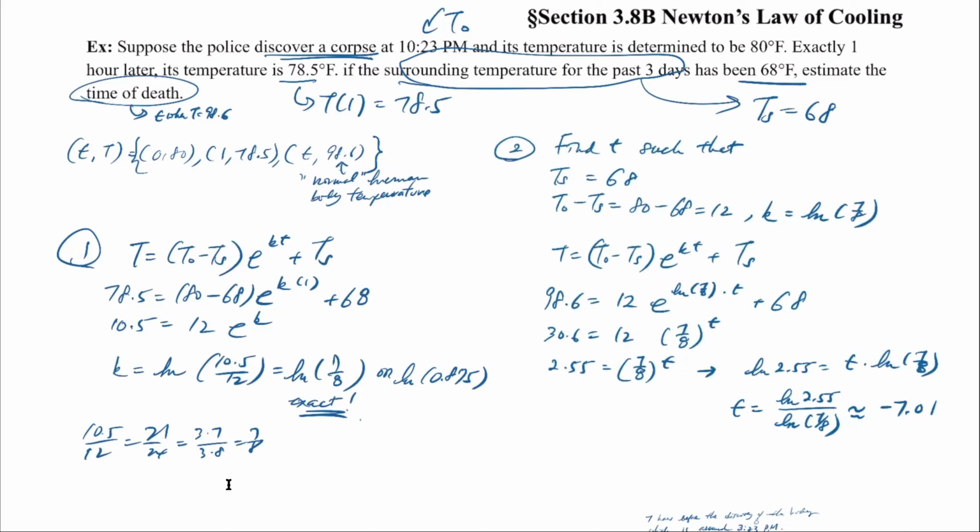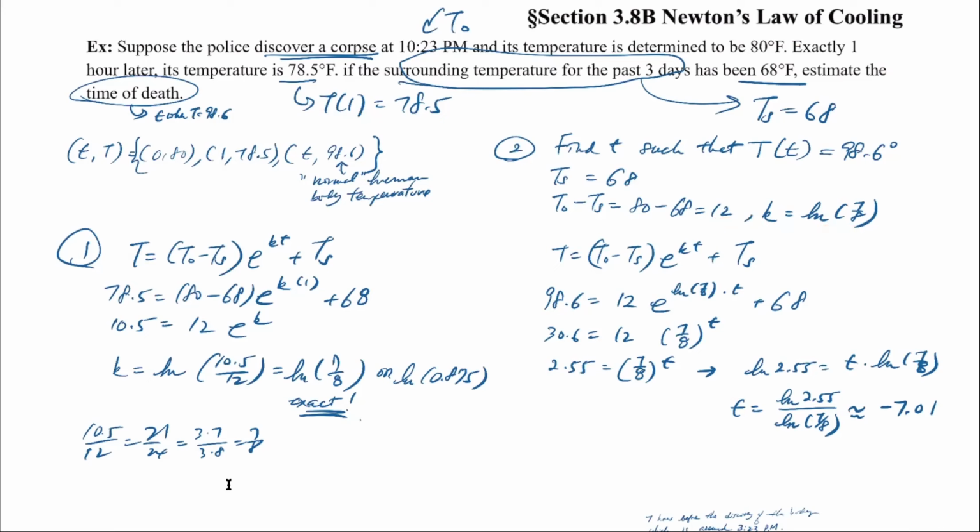There you go. Now we're going to find small t such that T of t is 98.6 degrees. I forgot to write that out, guys. And then right after that, I'm going to write down all the relevant information, which is, pretend that I don't have this in front of me, T_S is 68, the difference in temperature is 12 degrees, and the K is ln of 7/8.